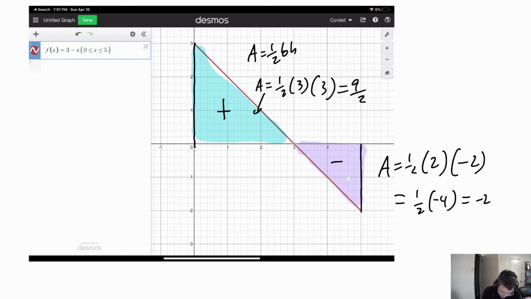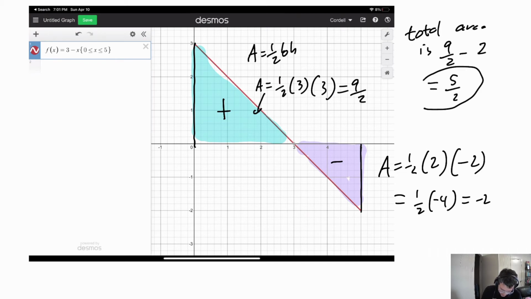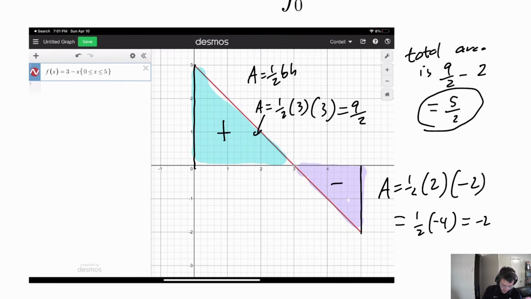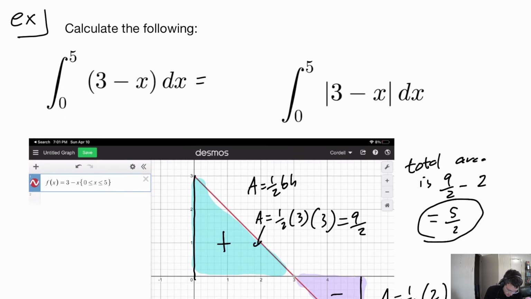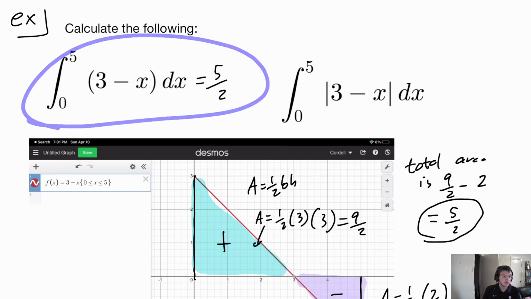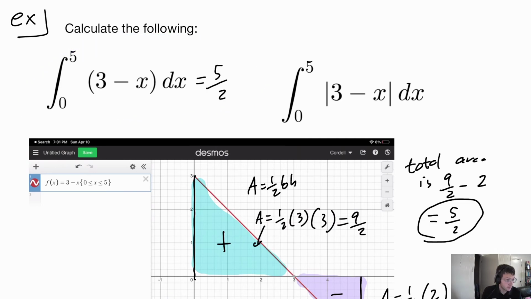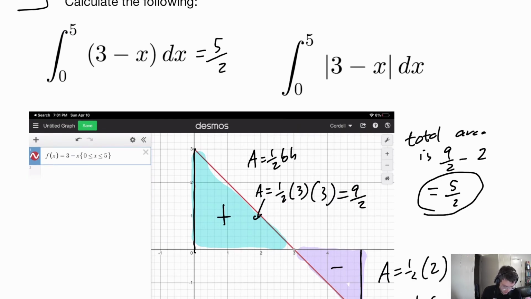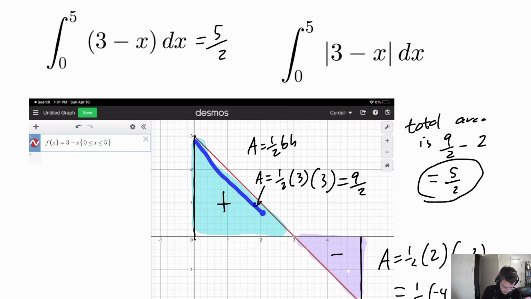Our total area is 9/2 minus 2, which is 5/2. So this integral is 5/2, the area under the given curve.